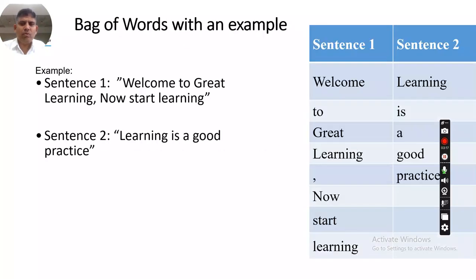Without pre-processing, we list down all the words that appear in sentence 1 and sentence 2 in tabular format as shown in the figure. In sentence 1 we have written down all the words as they appear, as well as in sentence 2.